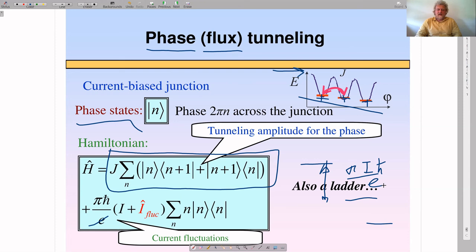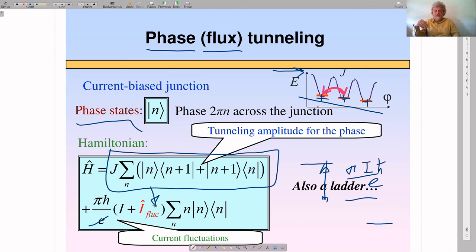And the electromagnetic environment, in this case, is represented as fluctuations of this current. Again, the logic is that in the course of this tunneling, one has to dispose of energy into the environment, otherwise it will not go.